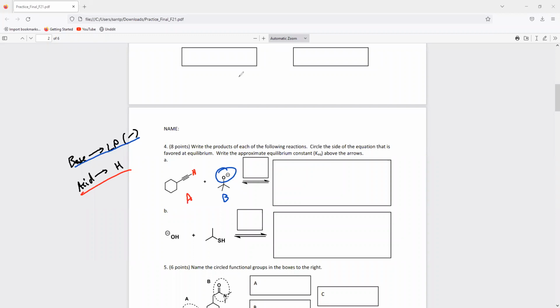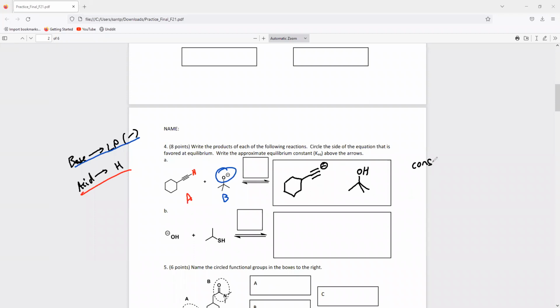Okay. As with every acid-base equation, all you're doing is swapping a proton. So if this guy has the proton on one side of our equation, this guy won't have it on the other side. And obviously this one's looking for a proton, so that guy's going to get one. Because this guy lost a proton, and also because we want to conserve charge, we should put a minus charge here.